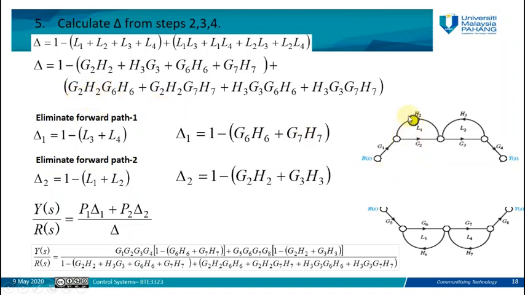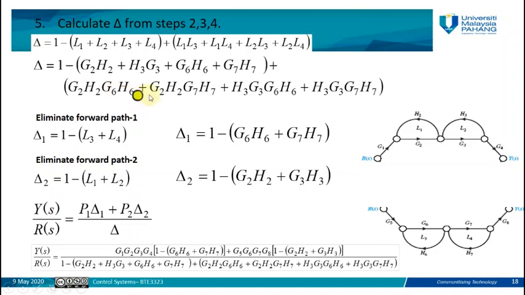L1 is G2H2 times G6H6. Same for G2H2 with G7H7, G3H3 with G6H6, and so on. So we need to substitute for L1L3, L1L4, L2L3, L2L4. So this is the value of delta now.